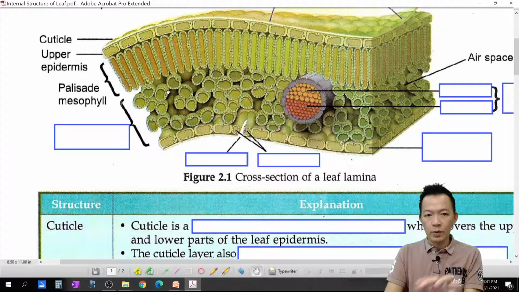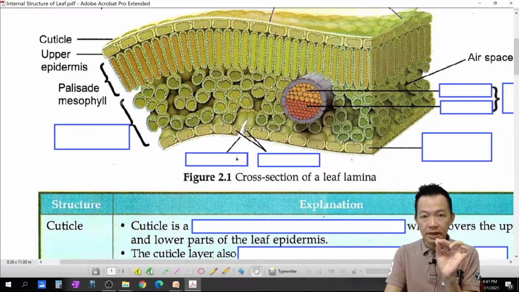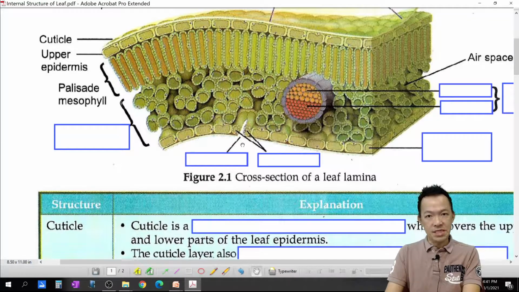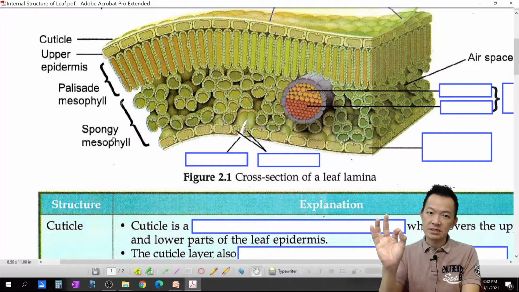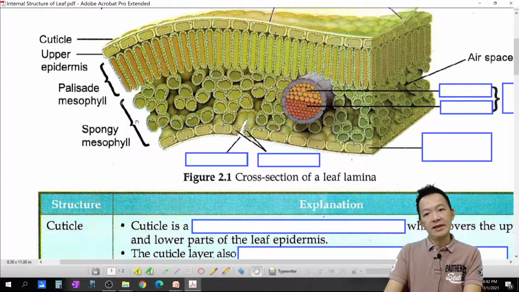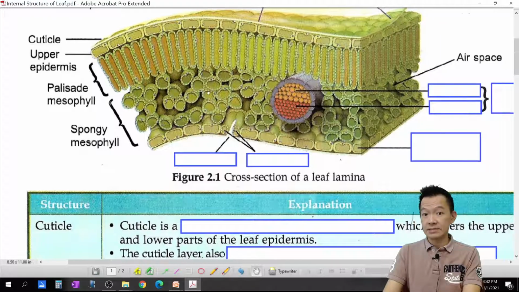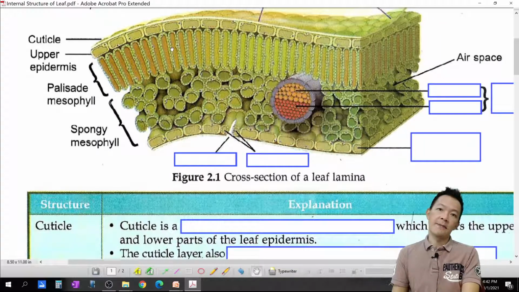Simple. Just to provide the space for the air to travel. The cells here normally have an irregular shape, to increase the surface area for gas exchange. This is a layer that we call spongy mesophyll. It can also carry out photosynthesis, but the chloroplast is less compared to the palisade.